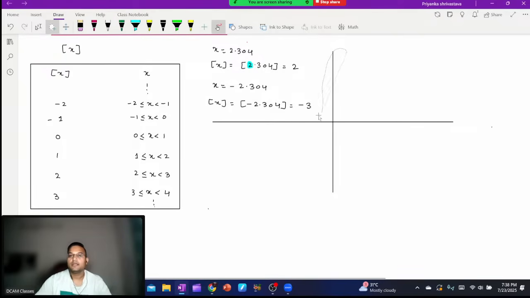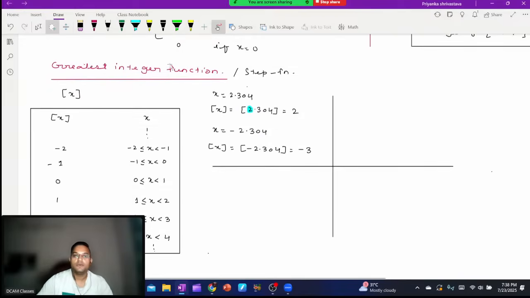Okay. Now, how is this function defined? One more way of writing the same function is to write the value of x like this. See, suppose x, in the above example I have taken 2.304. I can write this x as 2 plus 0.304. Correct now?